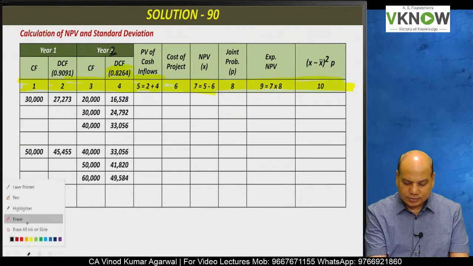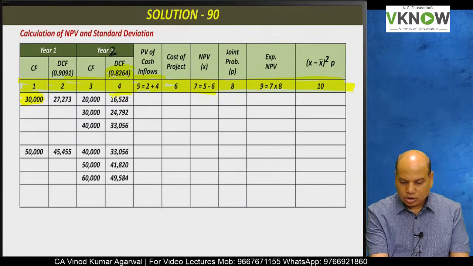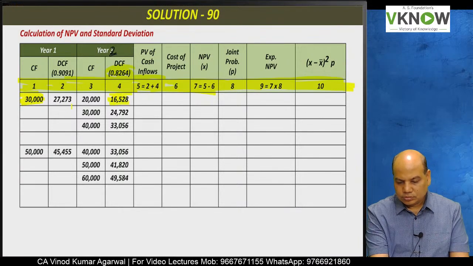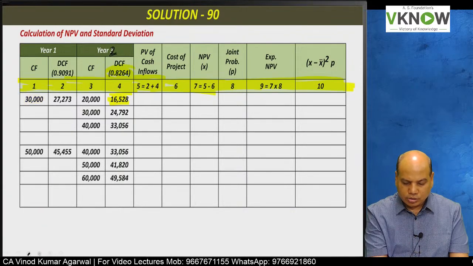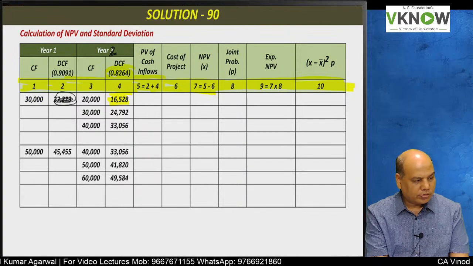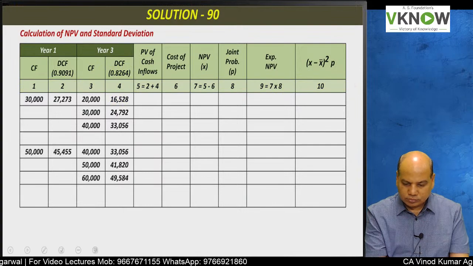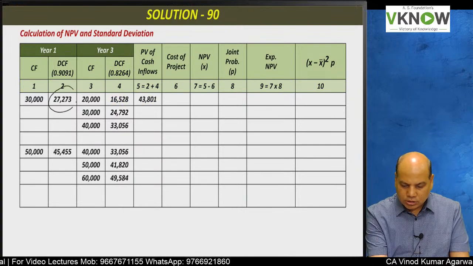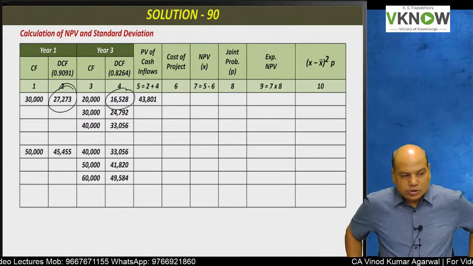Please add column number 2 and column number 4. These two numbers you will add. 43,801.